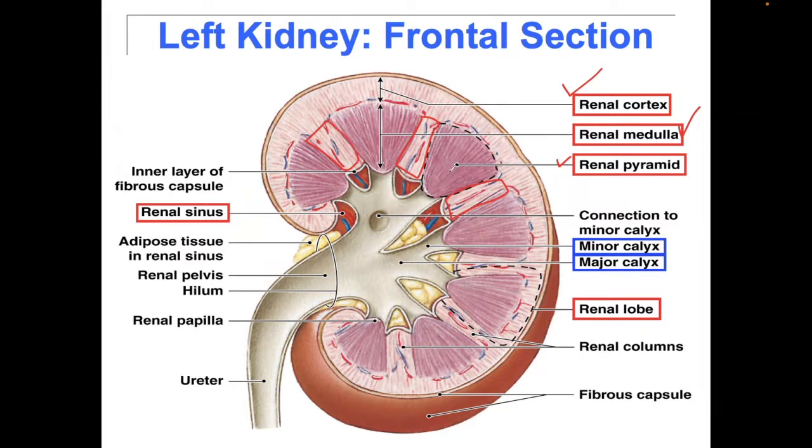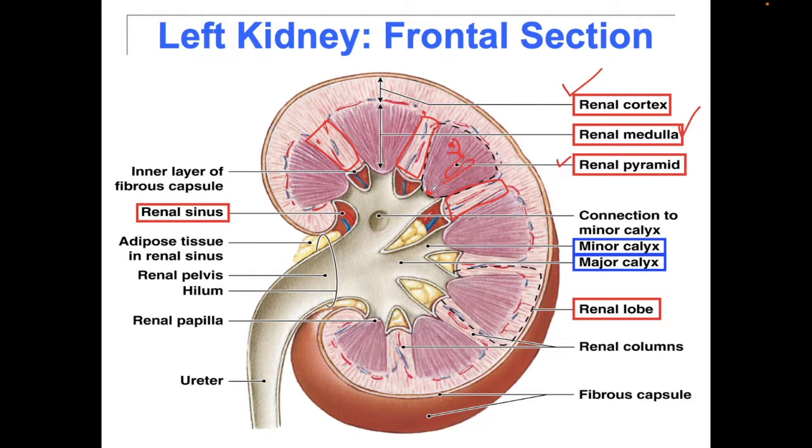Now, if you look at the renal pyramid, and we come right down here, this is where that papillary duct or that papillary region is. This is where you're going to have your nephron. So we're going to have something like this, right? You're going to have a bunch of these loops like this.